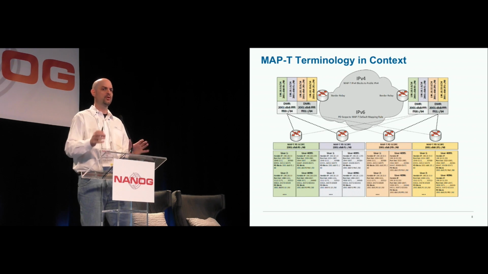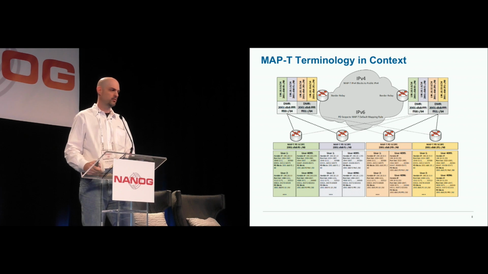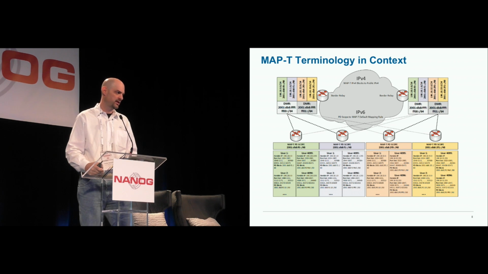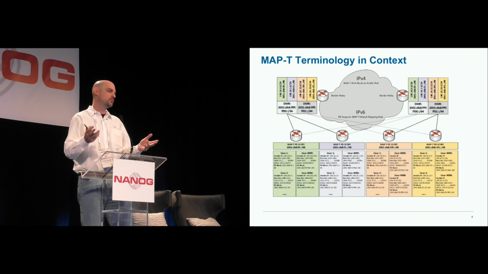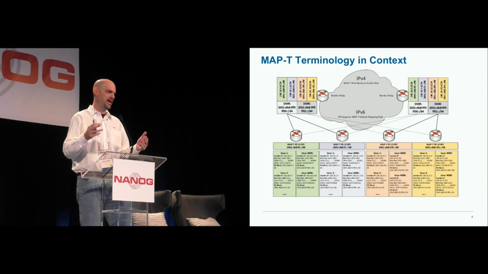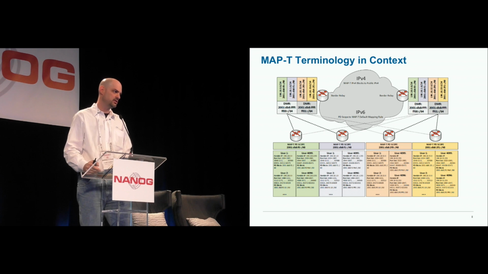So here's a little visual of what a MAP-T environment would look like. What I'm showing here is an implementation with 2 border relays, 2 MAP-T domains, each one of them having their own default mapping rule, and 2 mapping rules per domain. 2 BRs are implemented here for redundancy purposes. They have the exact same configuration.